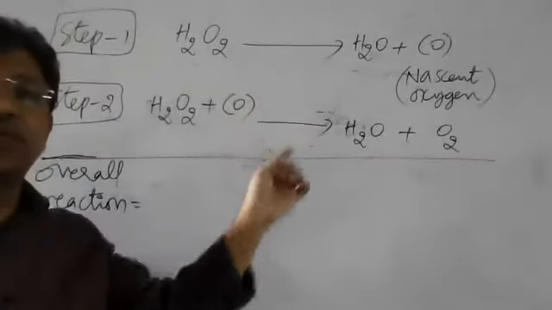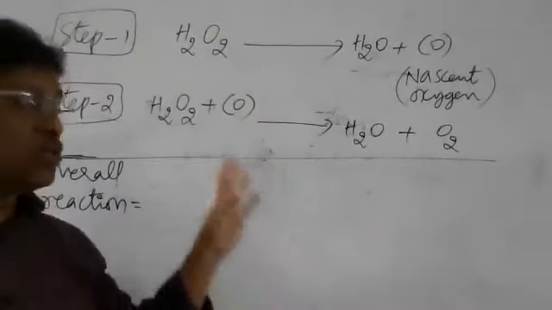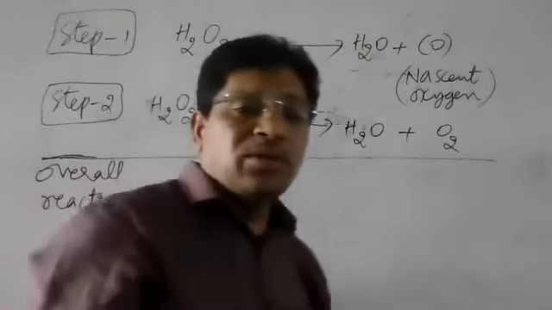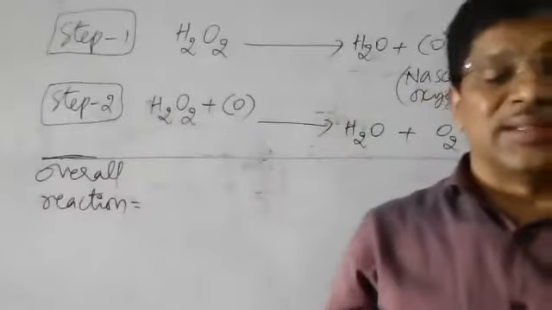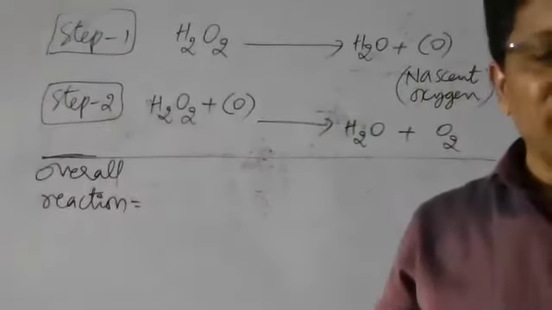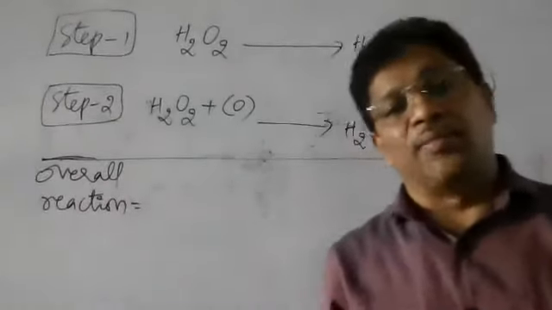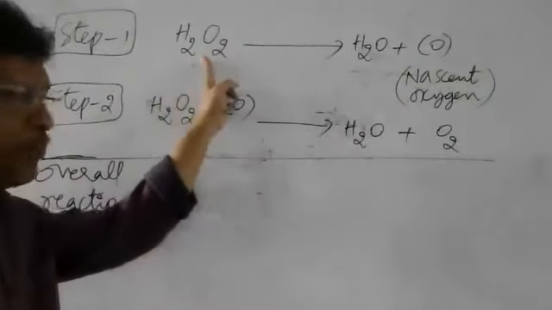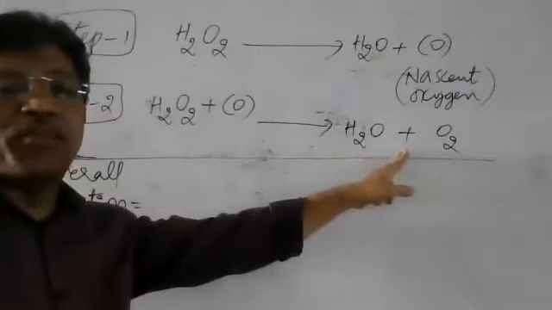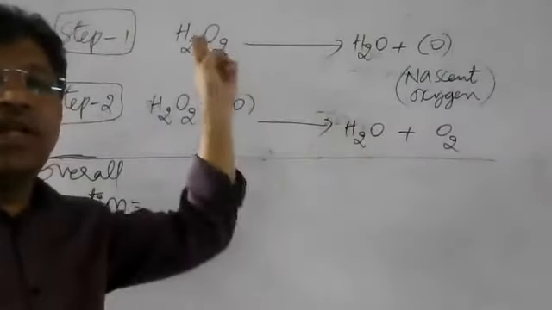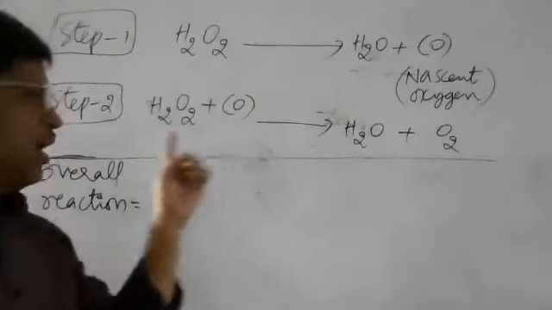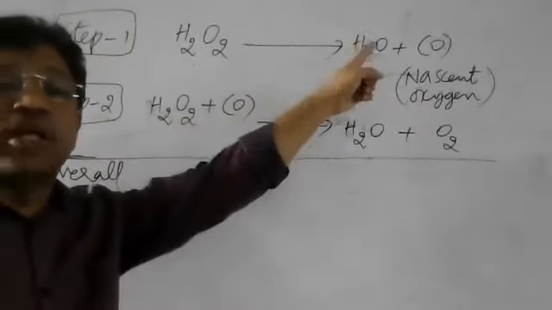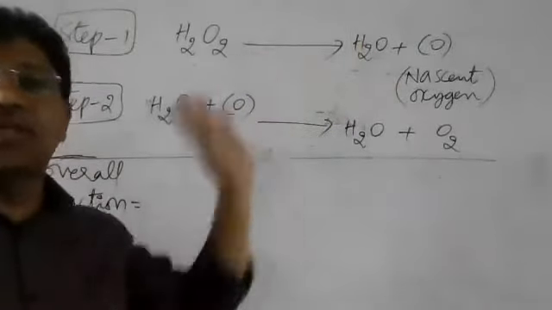When we add the 2 equations, as I told you, we have to cancel the common species on opposite sides: the reactants of the first step against the products of the second step, and the reactants of the second step against the products of the first step.